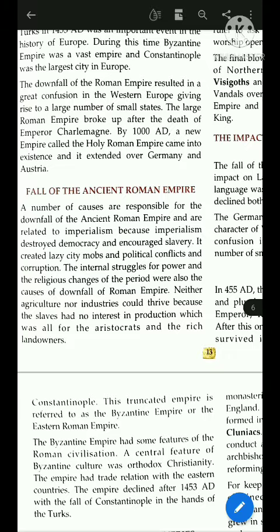Because the slaves of that empire did not take any interest in production, since all the production went to aristocrats and the rich landlords. That is why they did not take any interest in production for the empire.